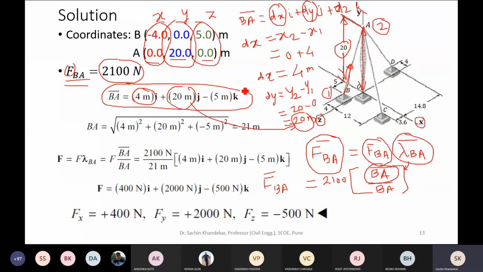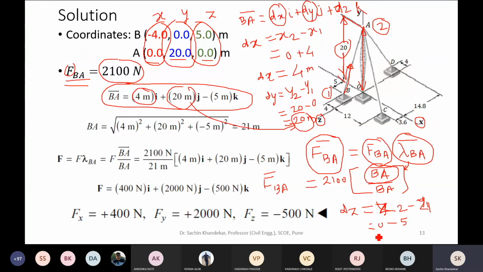Similarly, you find the dz. How to compute dz? Dz is z2 minus z1. Z2 means the z coordinate of the second point, which is A, that means 0, minus z1, where z1 is the z coordinate of the first point, that means B, which is plus 5 meter.